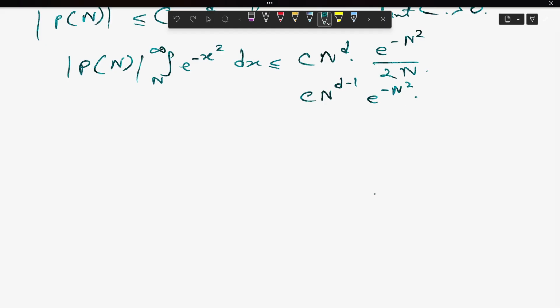Now let us take the limit as n tends to infinity.